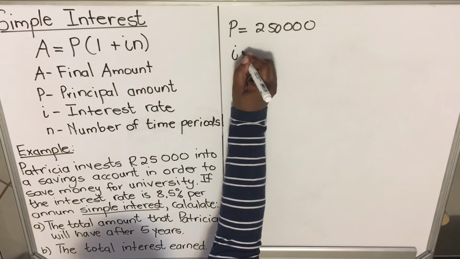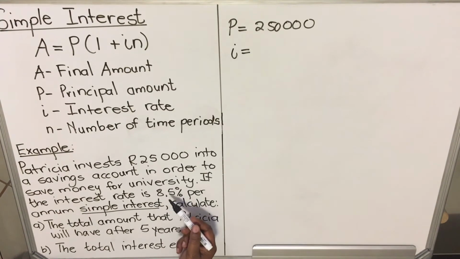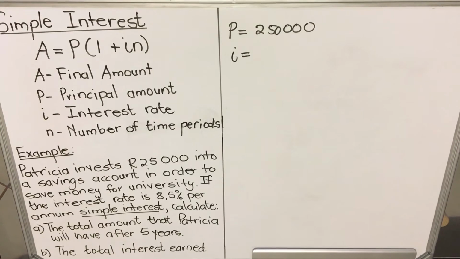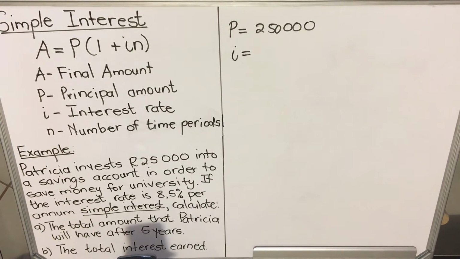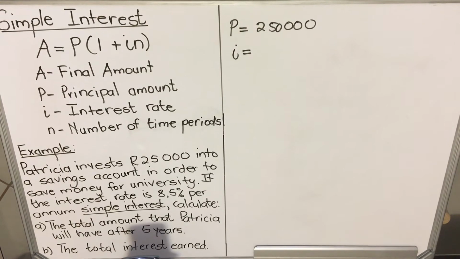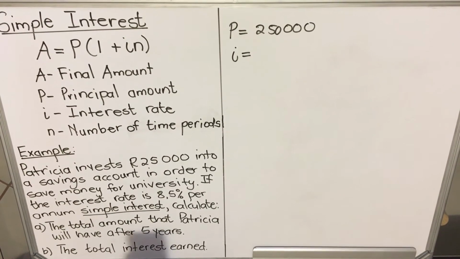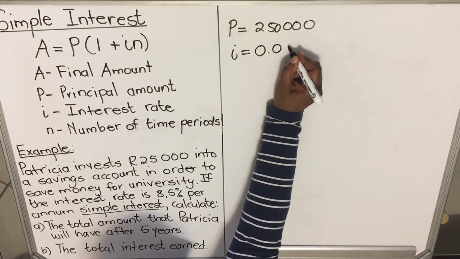So interest, you don't ever write as a percentage. Take your calculator and change it to a decimal. You don't write it in a question as a percentage, you write it as a decimal. So it's 8.5 divided by 100. Percentage means 100. So in decimal it is 0.085.